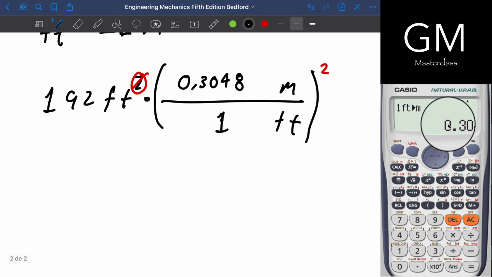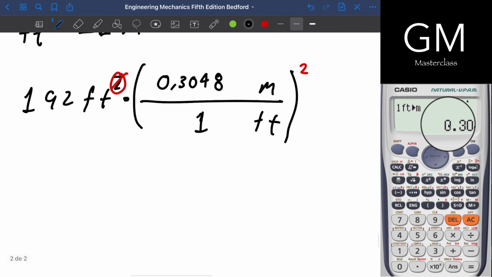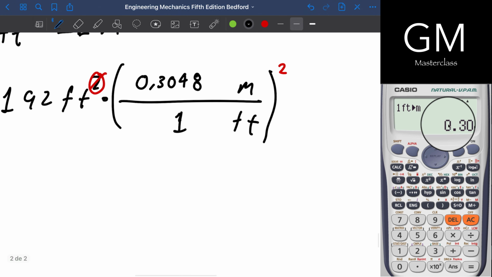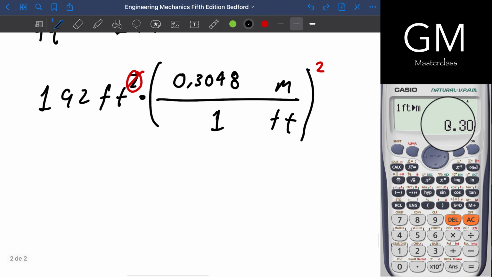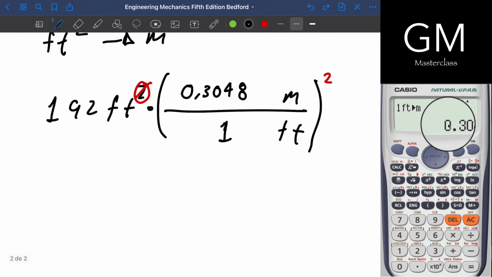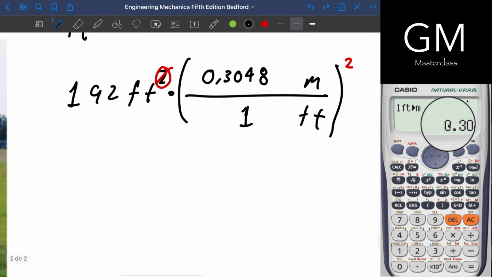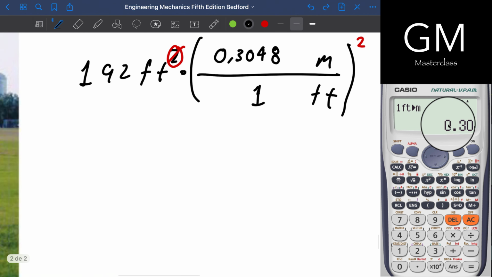This actually works for maybe feet to the third power and everything, because if I have feet to the third power, I would have to write here a 3. This is the easiest way and the more reliable way for you to get the results correctly.